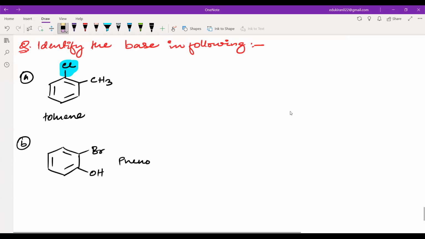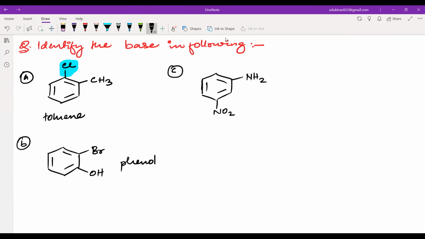It is phenol. What is the base here? Aniline, right?